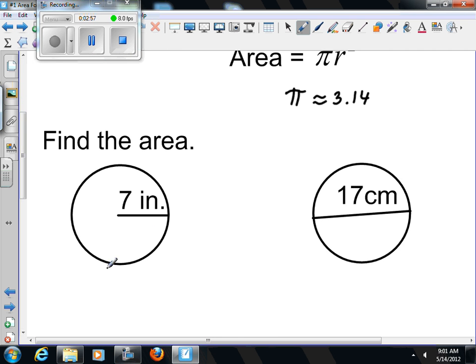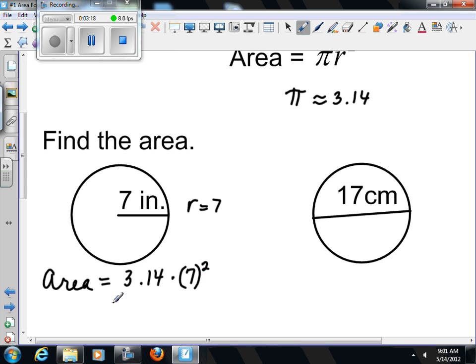All right, so let's find the area. If the area is equal to pi r squared in this circle, we know the radius is 7. So the area is equal to 3.14 times 7 squared. Let's do that out.